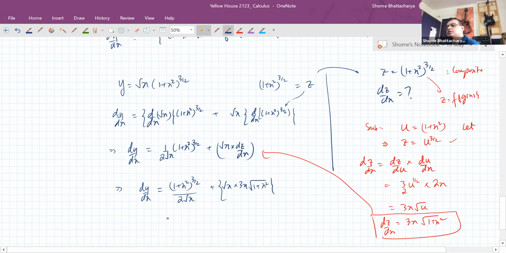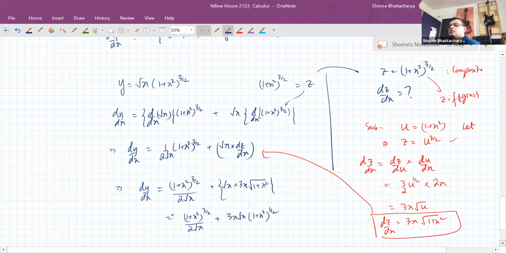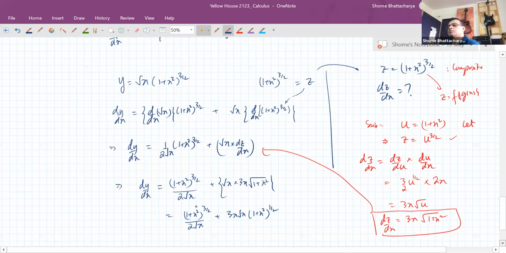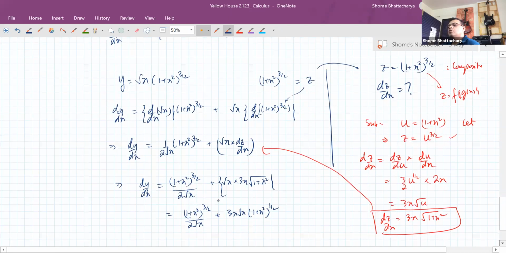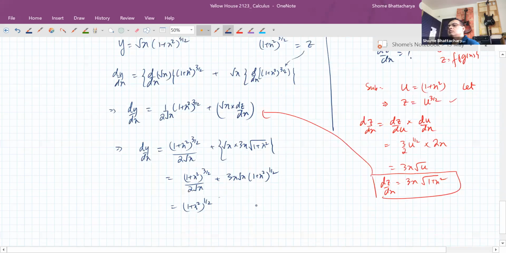And we can simplify this a little further. Write it like this, and we can even take 1 plus x squared to the power half common. And then take LCM on that.